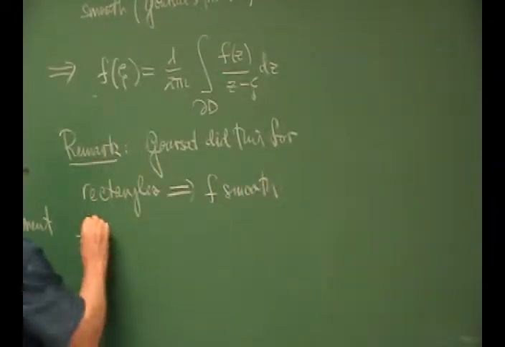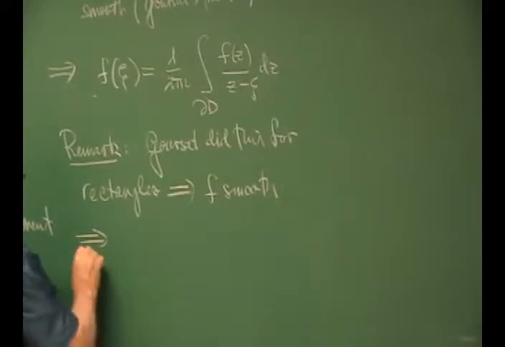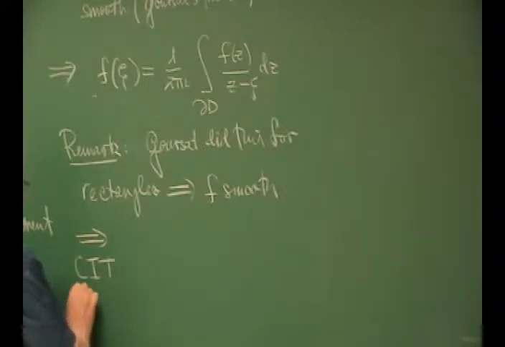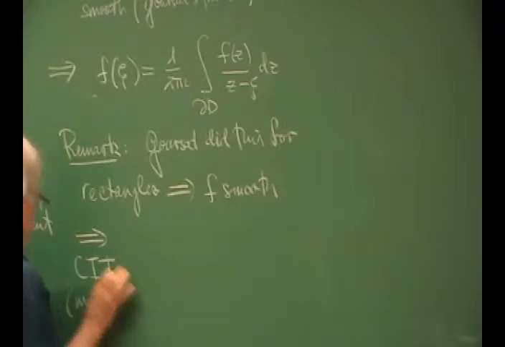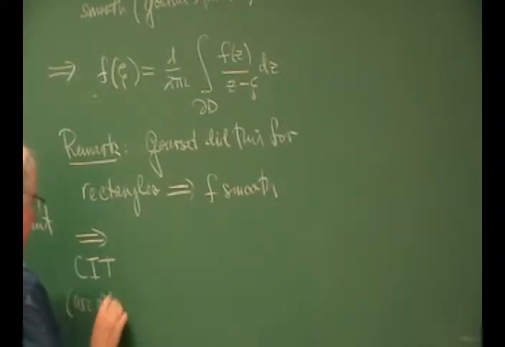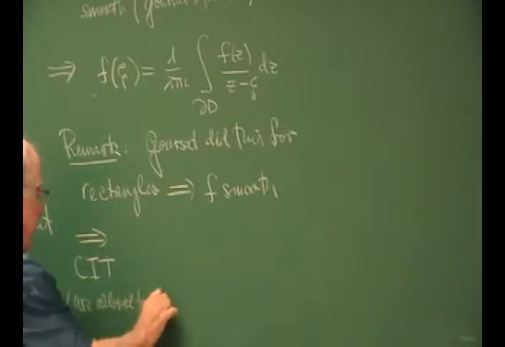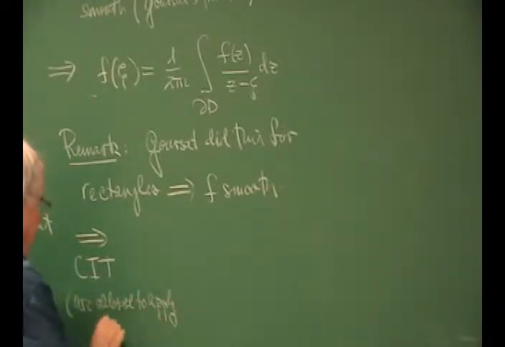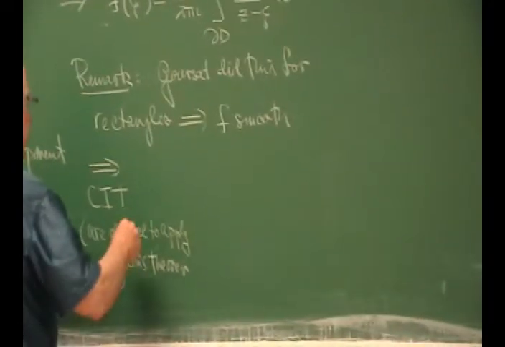And therefore, the general result, which is called the Cauchy integral theorem, to prove it, we may apply Green's theorem. We are allowed to apply Green's theorem, and this proves the general result.